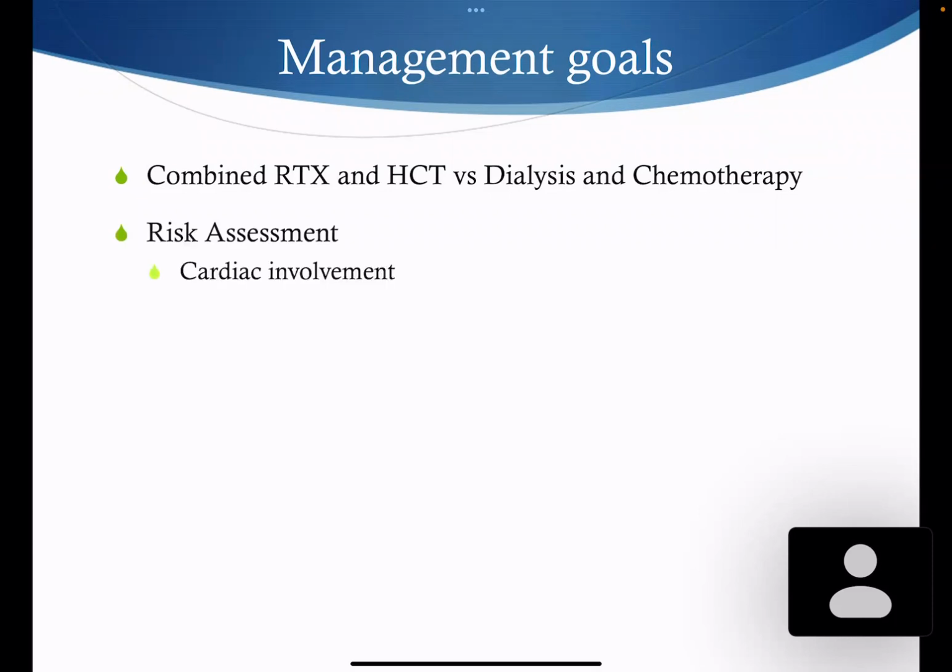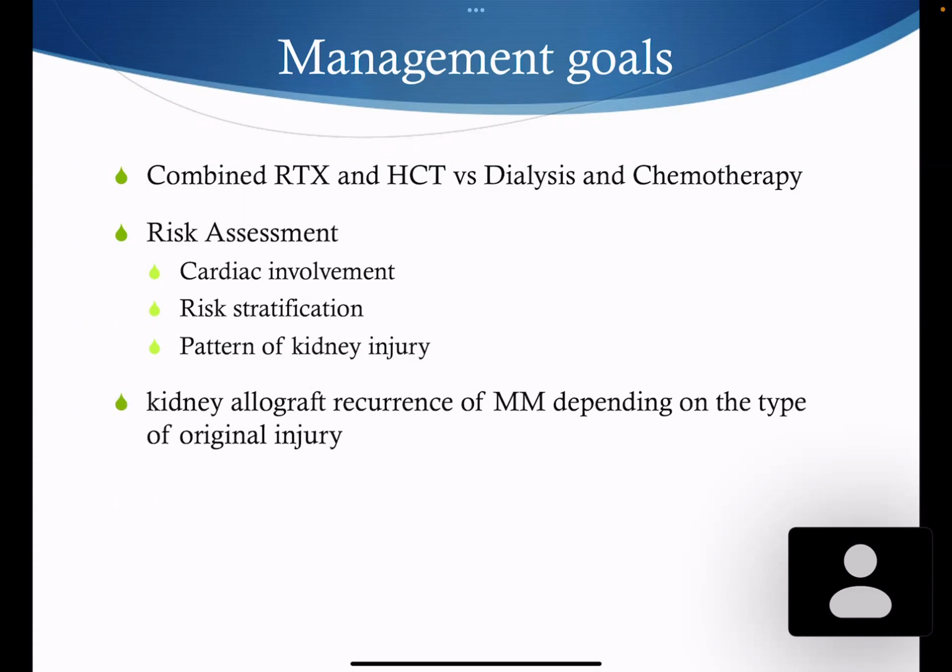The cardiac involvement with his low ejection fraction, the risk stratification for that patient to be managed by dialysis versus transplantation, the pattern of kidney injury, as you have seen, with one that is potentially reversible and another that is more resistant to treatment. And what is the incidence of recurrence of multiple myeloma on the kidney if the patient is transplanted?